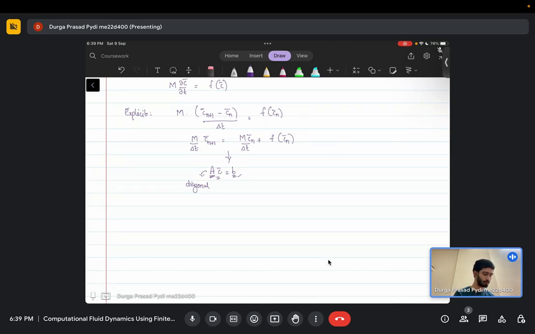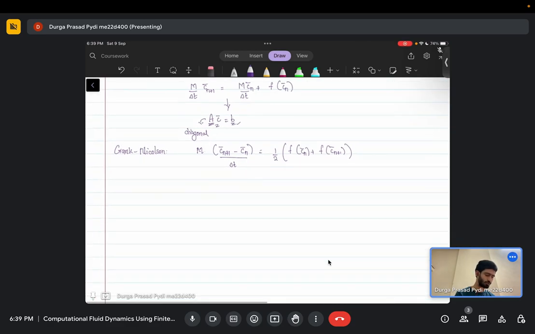The problem gets complicated if you were to use, say, Crank-Nicolson. If I have to use Crank-Nicolson, the LHS will be similar, Cn plus 1 minus Cn by delta t. In the RHS you will have contributions from the current time step and the next time step.